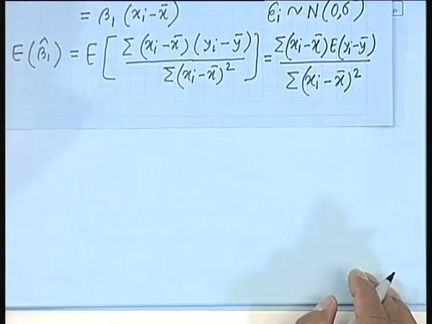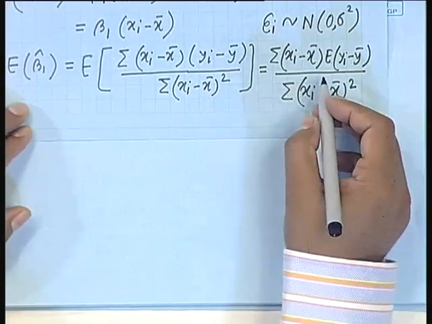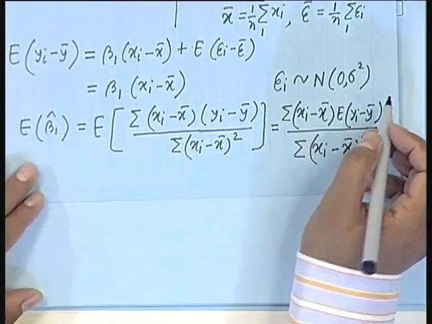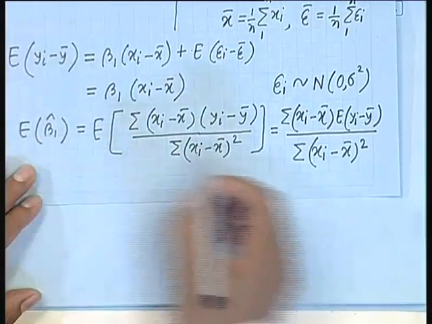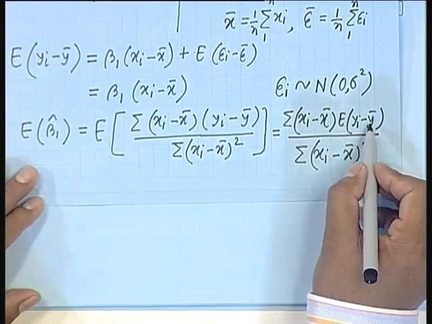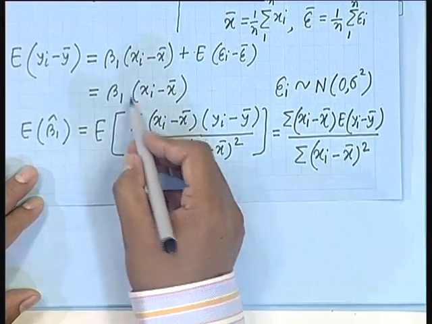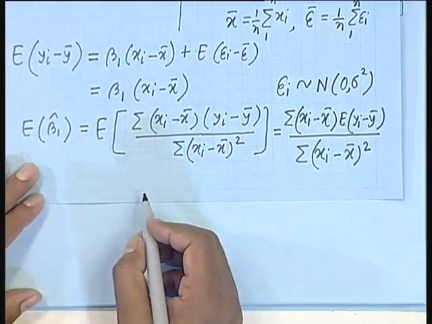Now, note that we proved that expectation of yi minus y bar is equal to beta 1 into xi minus x bar.